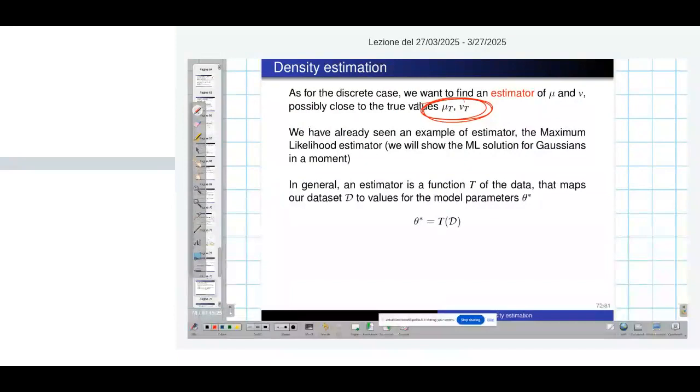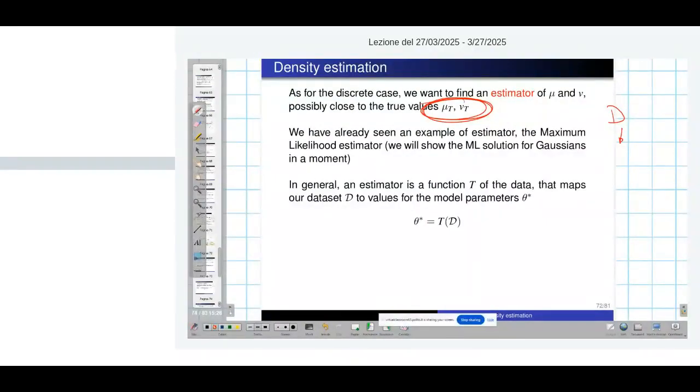Essentially, this means that we start from our data and we compute. For the Bernoulli problem, it was the parameter that we said was estimated by maximum likelihood. For the Gaussian, we will find the optimal mu and v. But in general, the maximum likelihood is not the only way to estimate the model parameters.